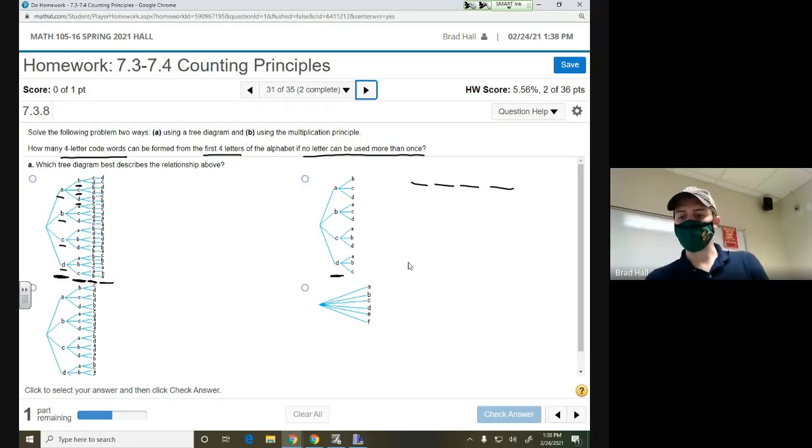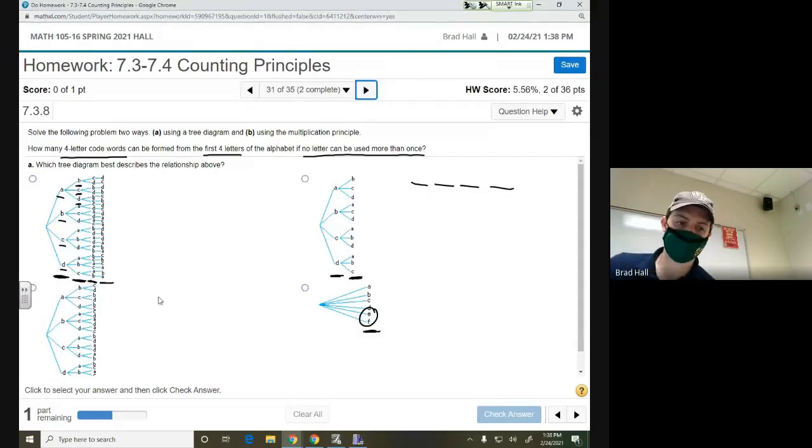This choice over here on the right says that you would only pick 2 letters, but we're choosing 4. This one, I don't even really know what it's saying. I guess it's only saying you're picking 1 letter, and they're throwing E and F in there for some reason. So that one definitely can't be right.